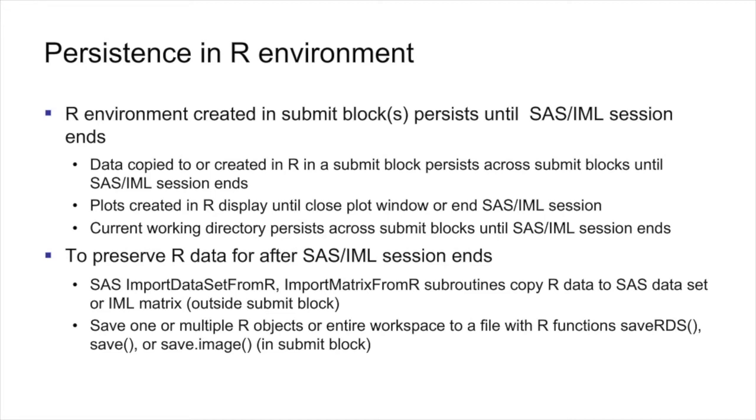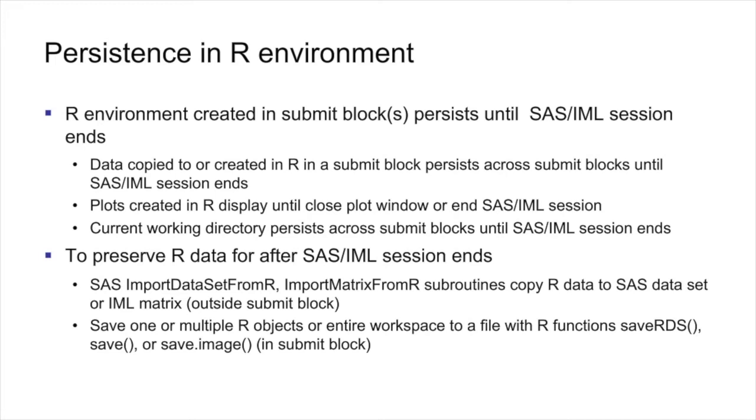Now, if you want to end IML but keep some of the R data that you've got in the R session, you can use, in SAS, outside of the submit block but inside of the IML session, import data set from R, which we talked about before, to copy an R data frame to a SAS data set. Or remember that inside this submit block, we're just doing R work.